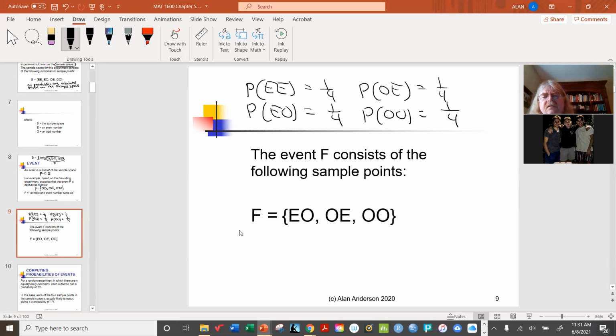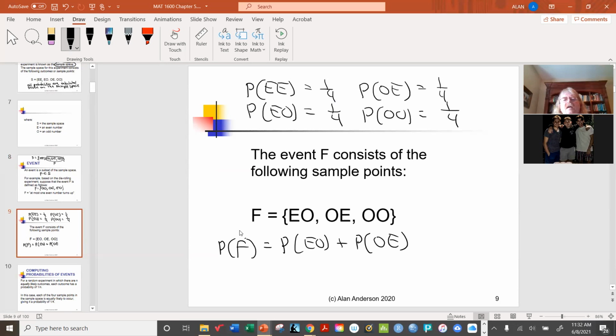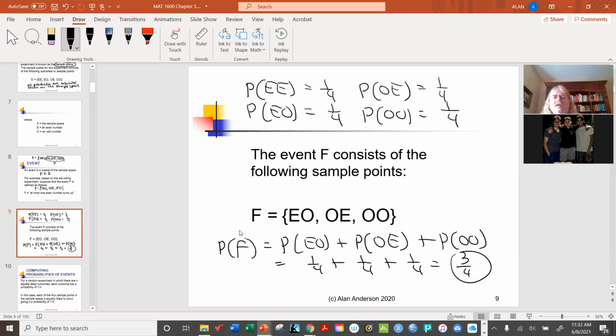So therefore, it stands to reason that the probability of event F could be rewritten as the probability of getting EO plus the probability of getting OE plus the probability of getting OO, which is 1/4 plus 1/4 plus 1/4, or 3/4, or you could write it as 0.75. So that made things a lot easier for us.